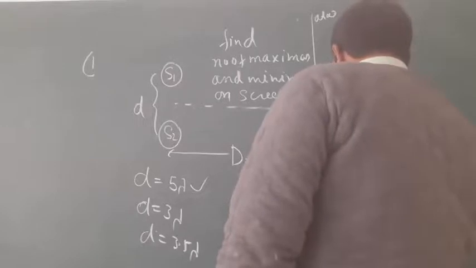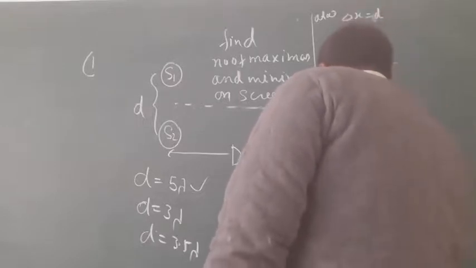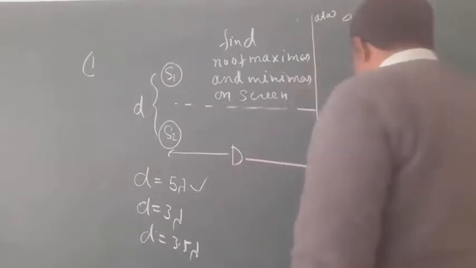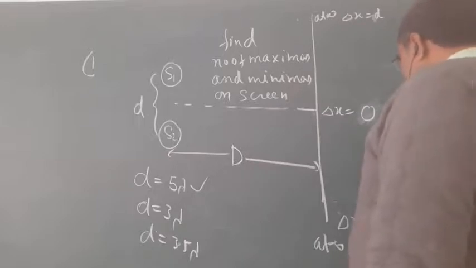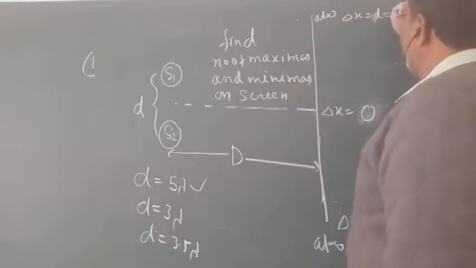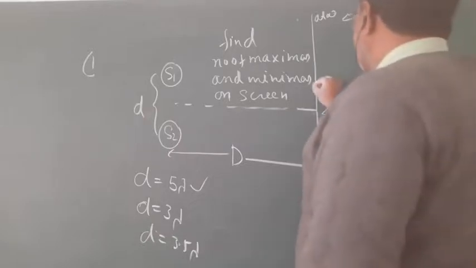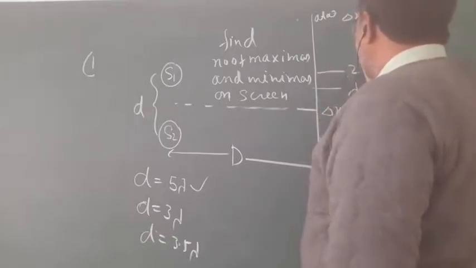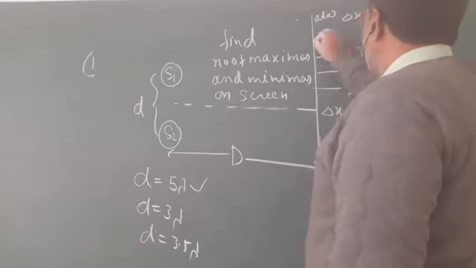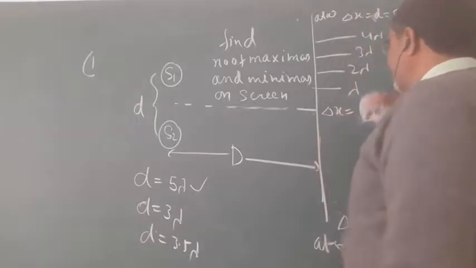Similarly, here the path difference will be d at the other infinity, and since d equals 5 lambda, we have 0, lambda, 2 lambda, 3 lambda, 4 lambda and 5 lambda.